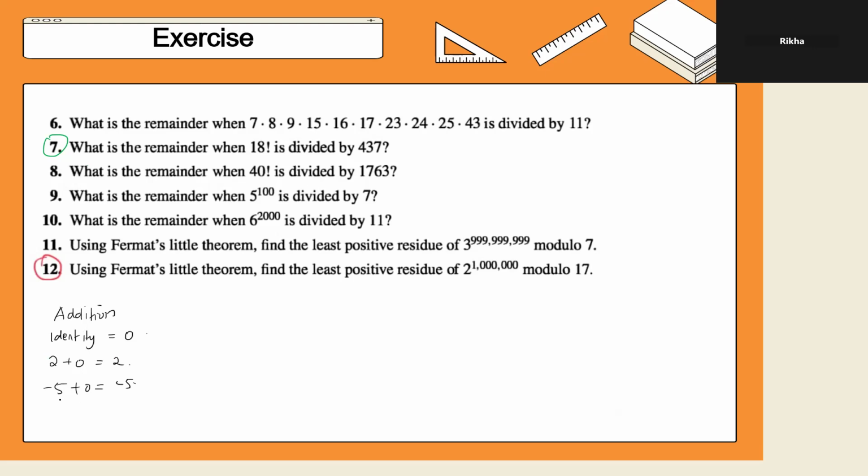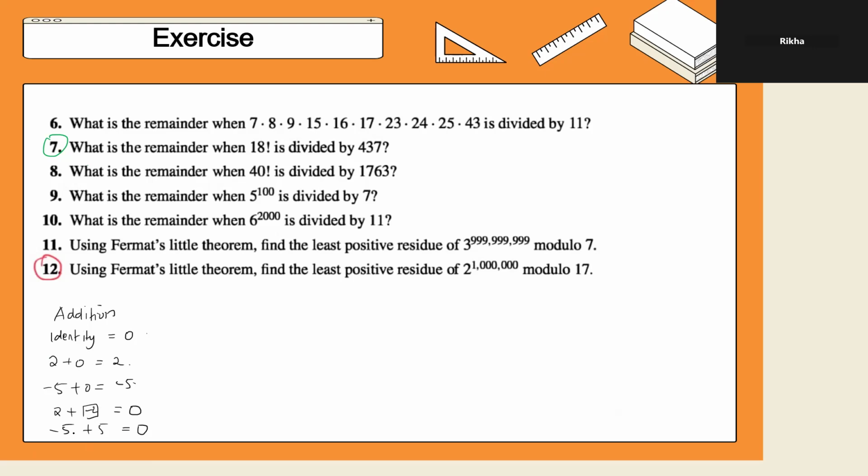And we define inverse itu sebagai pasangan setiap number. So each number will have their own inverse. Inverse in this case means that if we have a number and we operate it with that number, we will get the identity element. We will get 0. So in addition, the inverse of 2 is -2. Or like the inverse of -5 is 5.